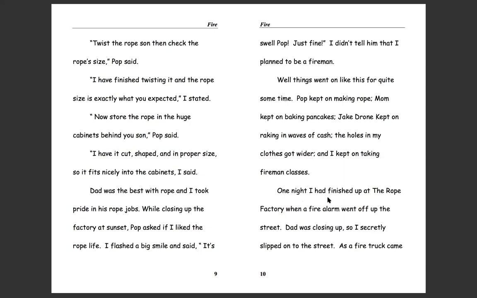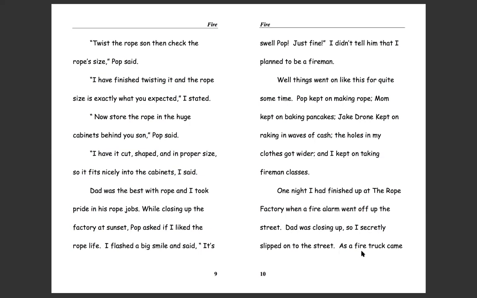One night I had finished up at the rope factory when a fire alarm went off up the street. Dad was closing up, so I secretly slipped onto the street.